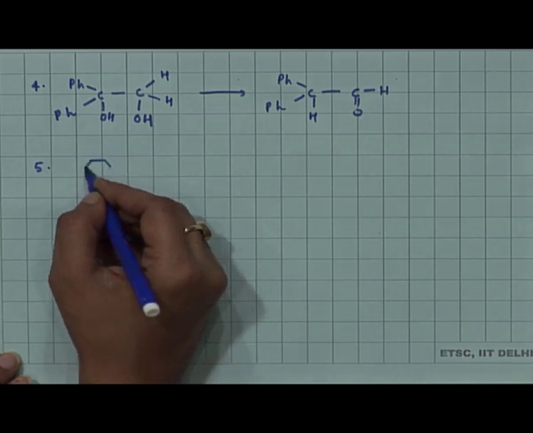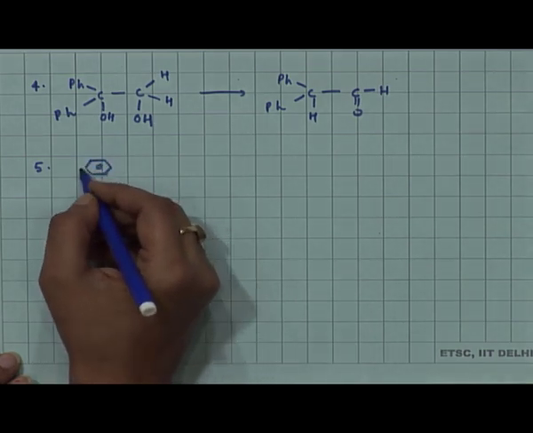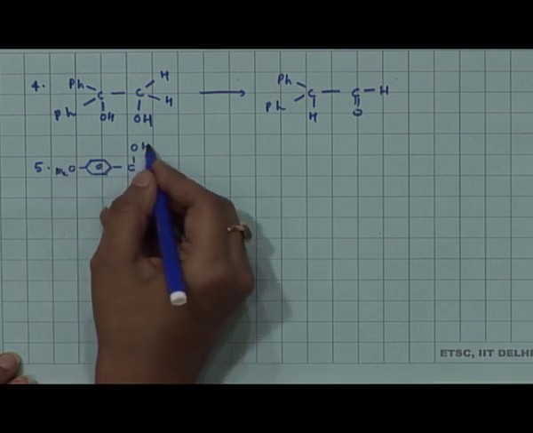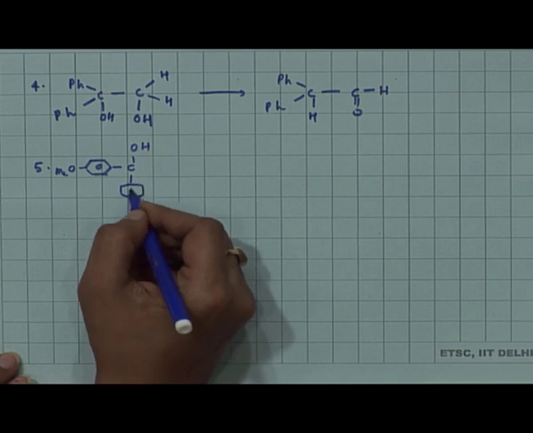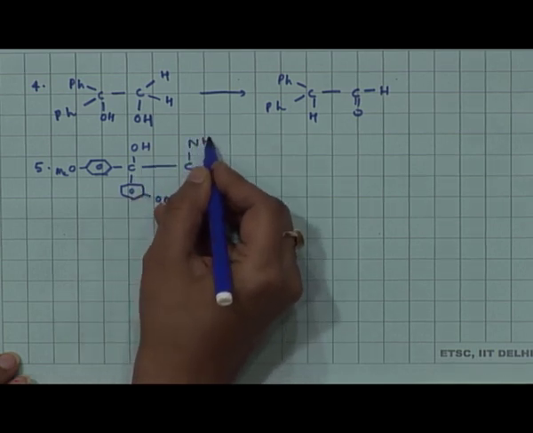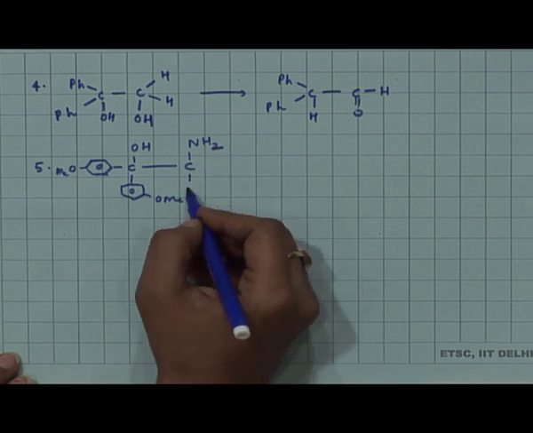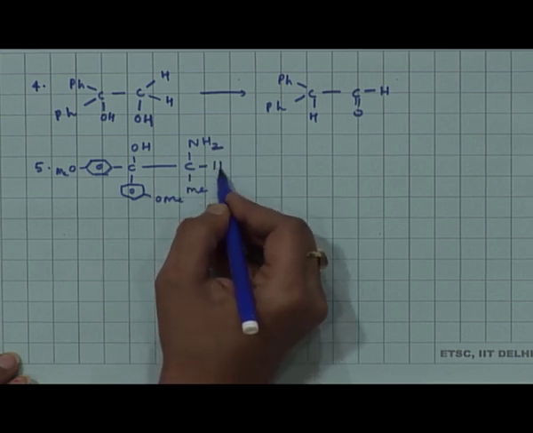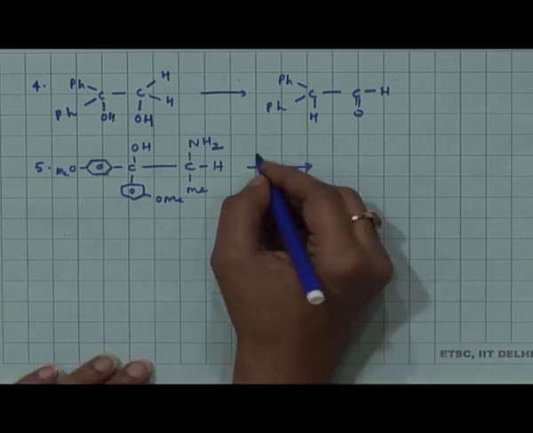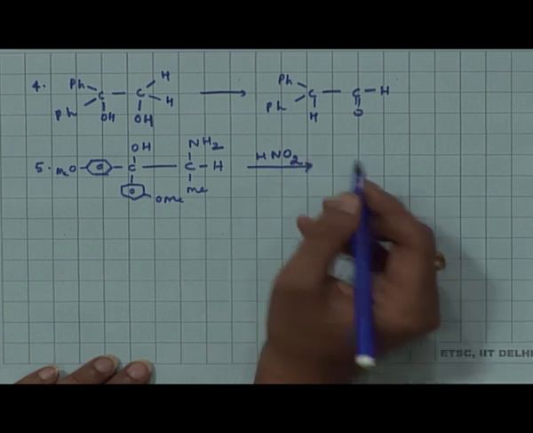This is slightly different. If you start, instead of the pinacol, with this as your starting material, it is not a diol, but it is capable of generating the same carbonium ion which you were getting from the pinacol when you treat this with nitrous acid.